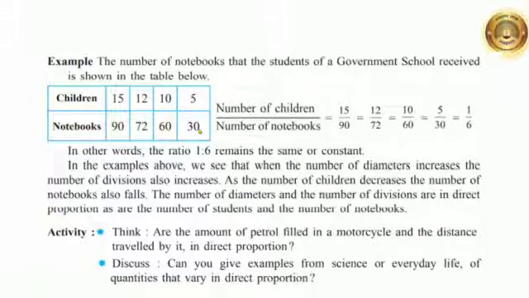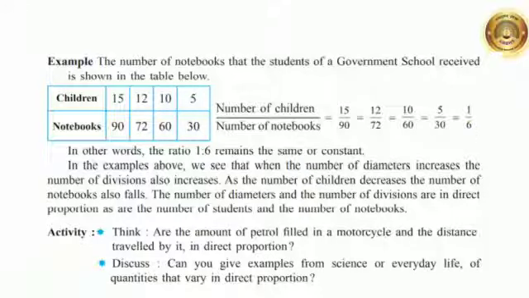That means this is a direct variation. So, since it's a direct variation, the ratio of the number of children to number of notebooks has to be a constant. Let's check. In the first case, it is 15 upon 90, which when reduced will give you 1 upon 6. Similarly, each of these ratios can be reduced to a constant 1 by 6.